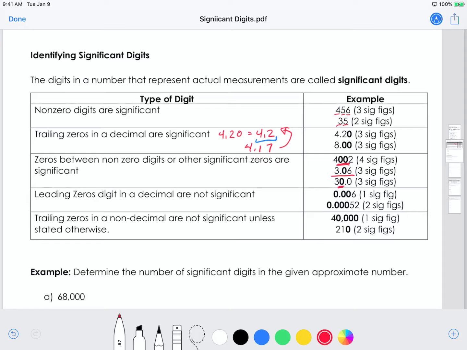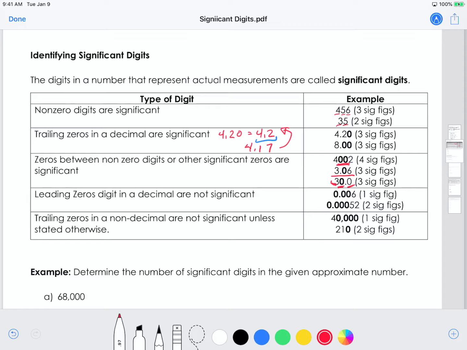And then this 0 here is considered significant because it's a trailing 0 to the right of the decimal. And this is a non-zero digit, so that's 3, so that's considered significant. And since this middle 0 is between 2 significant digits, that middle digit is considered significant.